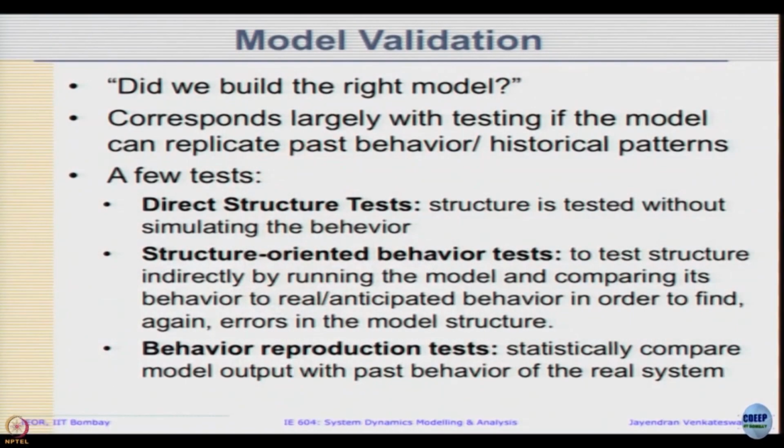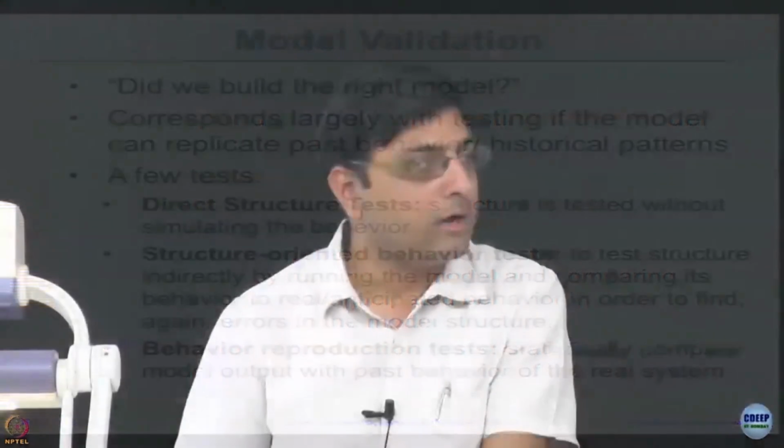Or if you have both positive and negative feedback loops in the system, then what kind of behaviors can occur, and testing that out. Structure oriented behavior tests. Then the behavior reproduction test, that is to statistically compare the model output with past behavior and see whether it can represent the past as accurately as possible, based on which we can then be more confident that it can be used to predict or analyze what can happen in future.